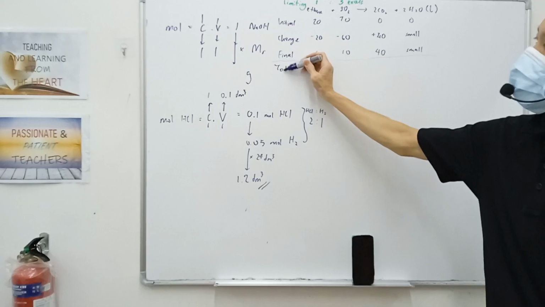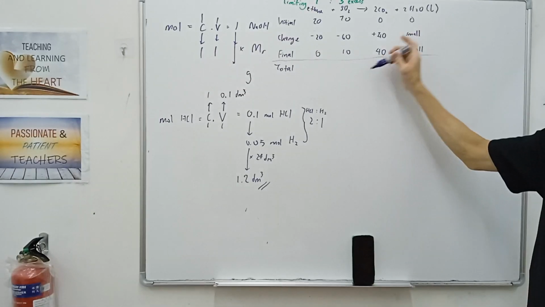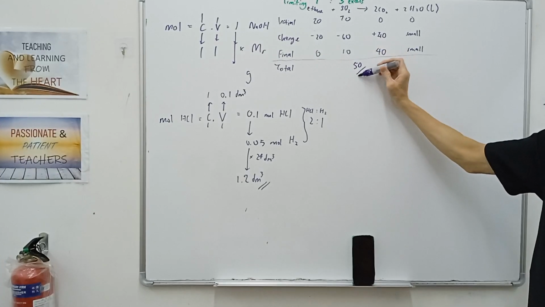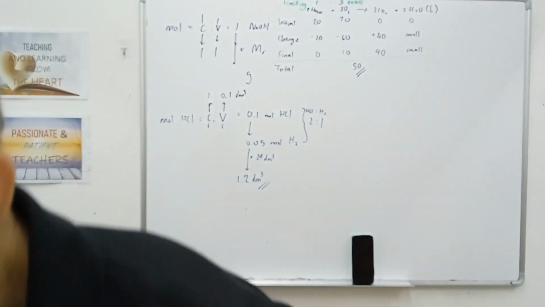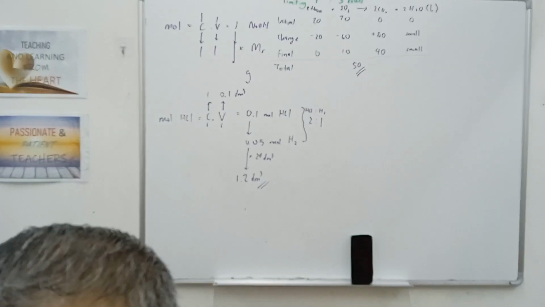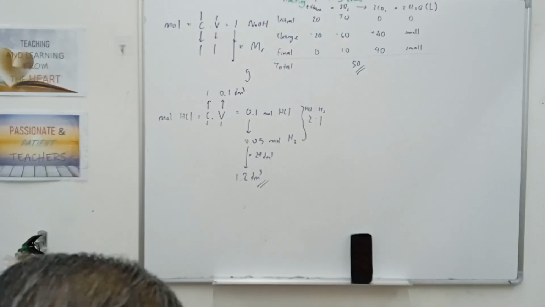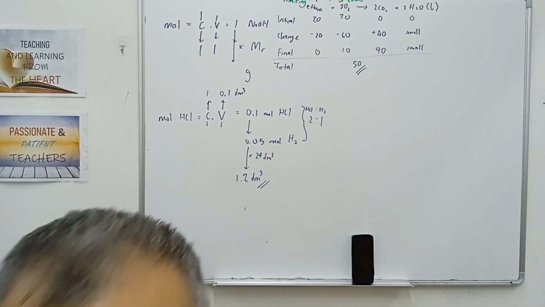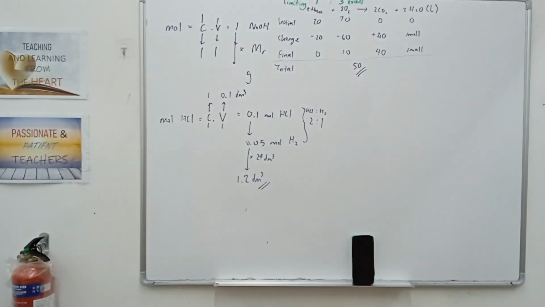So total, 0 plus 10 plus 40, total is 50. Okay, so total volume of gases will be 50. Obviously this is a trick question because you really have to check which are the gases in your reaction.